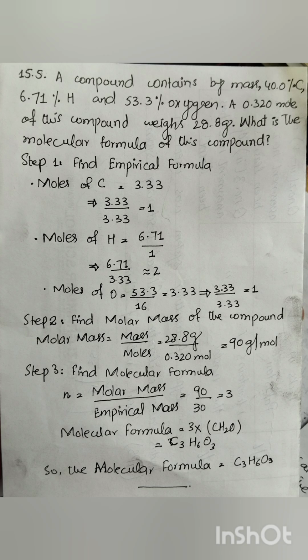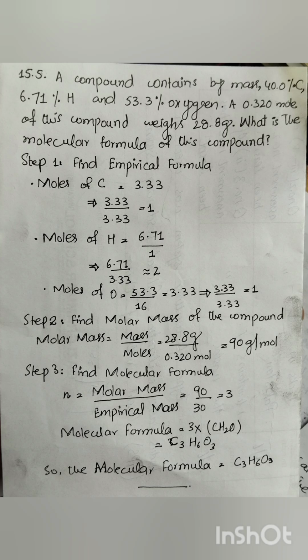After finding the empirical formula, in second step we will find the molar mass of this compound. After finding molar mass, in third step we will find the molecular formula by putting values in our formula of n is equal to molar mass divided by empirical mass, which is 3.